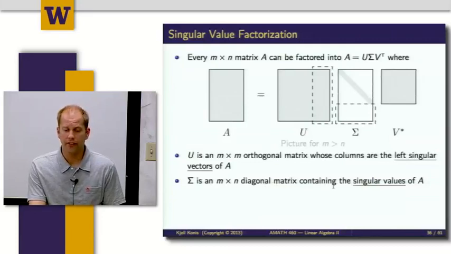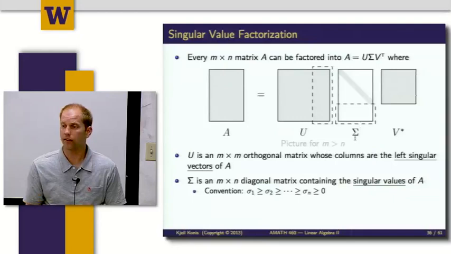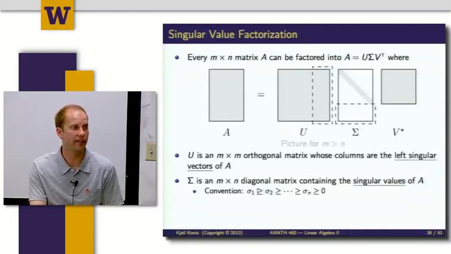This matrix contains the singular values of A. Because the whole matrix is called sigma, the singular values are also denoted as sigmas. They end up being in sorted order. The top left one, sigma 1, is the biggest. Then the one in the 2,2 position is sigma 2, and so on down to sigma n in the nn position. The singular values have to be greater than or equal to 0.